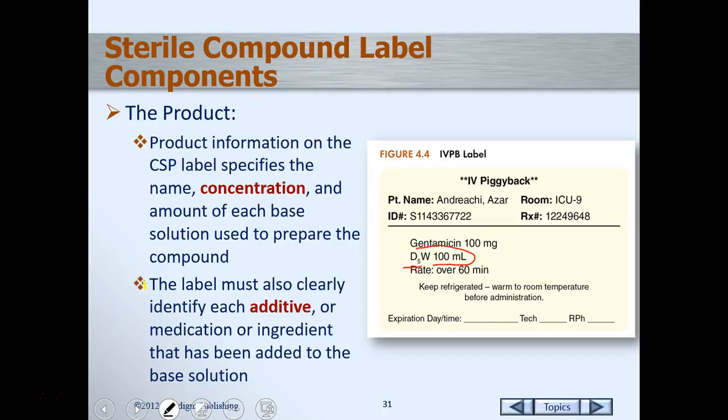So the name of the additive is gentamicin, and then how much? 100 milligrams. So when we get this order, we could determine that there's 100 milligrams of drug and 100 milliliters of solution. Now, what this does not tell us is how many milliliters of our gentamicin give us that 100 milligram dose. So that's where your dosing comes in.